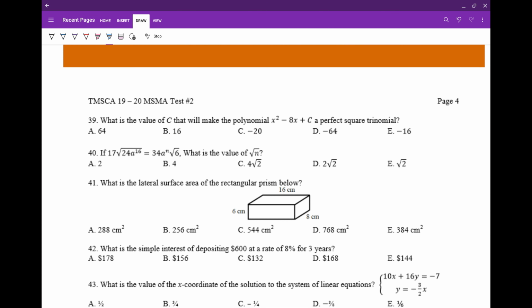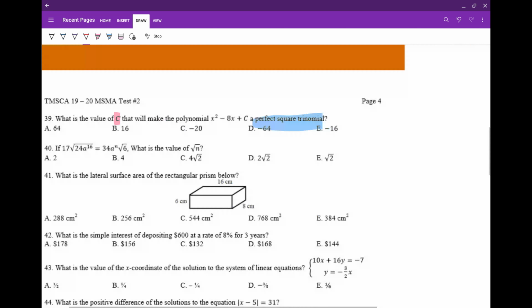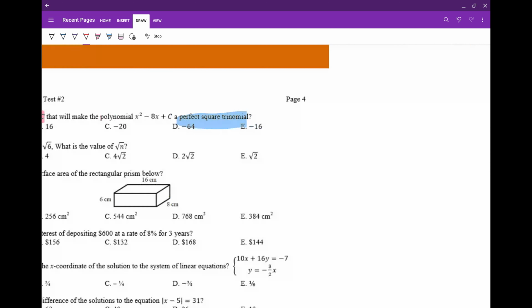This gives us a polynomial, and it's calling it a perfect square trinomial, and it's asking us for the value of c. Now, a perfect square trinomial is a different type of trinomial than a standard one, because let's say I had x minus 3.